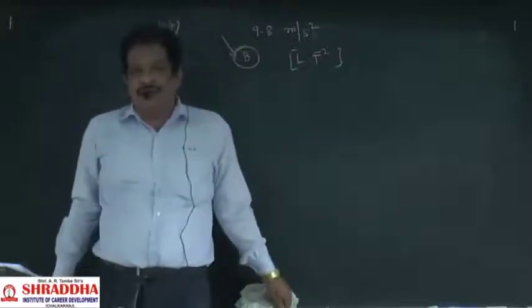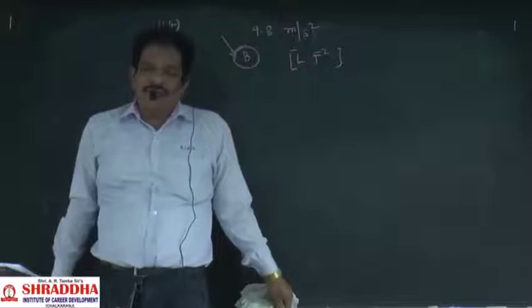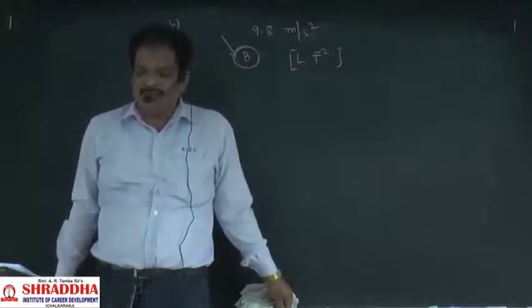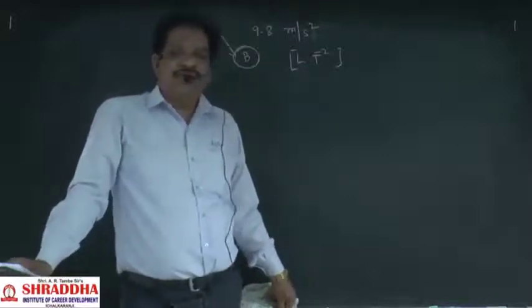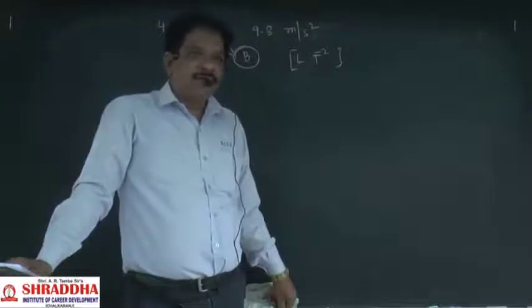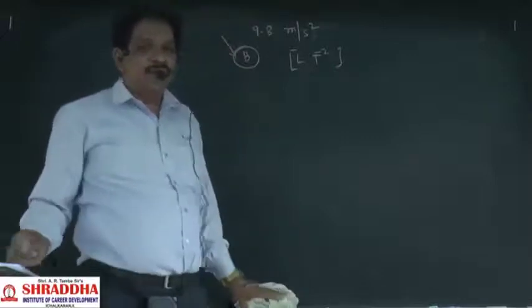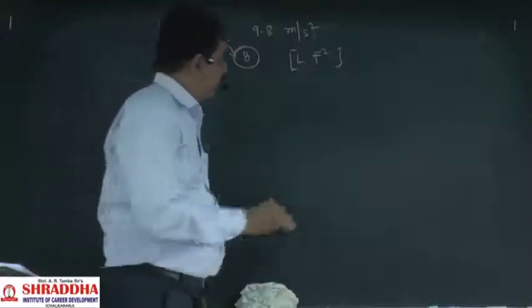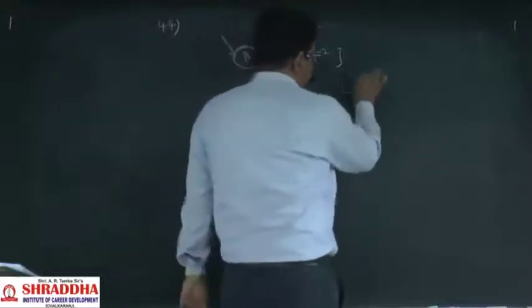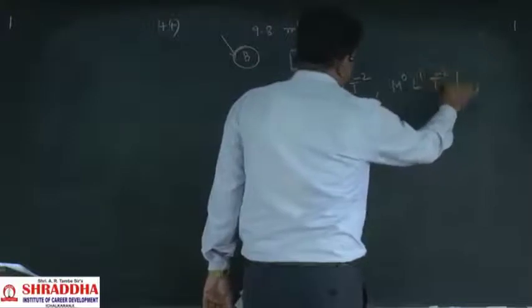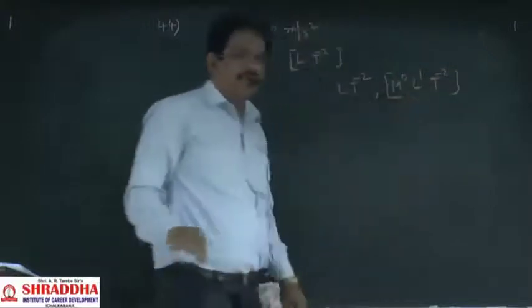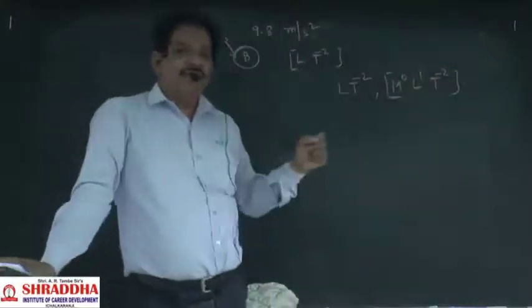While writing the dimensions, we are not mentioning that M. Why we are not mentioning it is for the sake of students only. If we say it like that, it will be difficult to remember. Dimensional formula of acceleration due to gravity, instead of saying m power 0, l power 1, t power minus 2, if you are saying like this, it is a little bit difficult to remember.